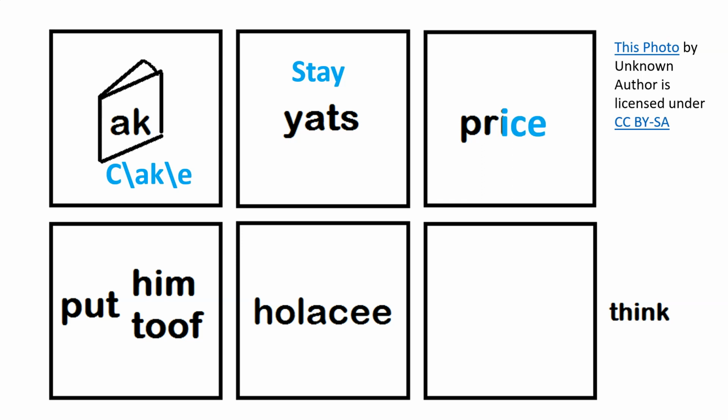The fourth puzzle we're looking at is actually a phrase I'd never heard of. So although I was able to solve all the parts of the puzzle, I had to look up, what is this phrase? What does this even mean? And it's a British phrase, put him on the back foot. And it means like put him on the defensive. But it was a British phrase I'd never heard of before.